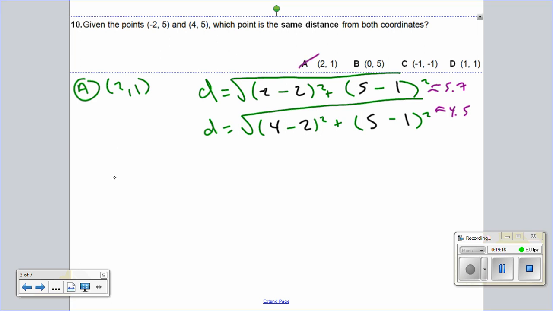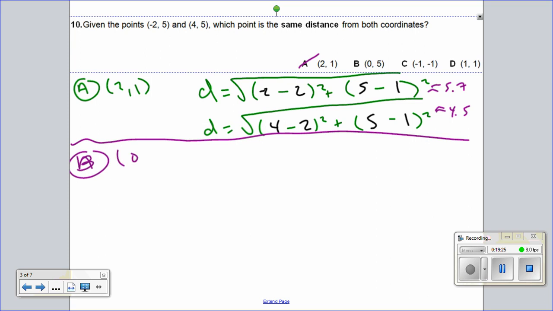So now that we know it's not A, again, let's write them all out and then grab the calculator. So now we're going to check B, 0, 5.